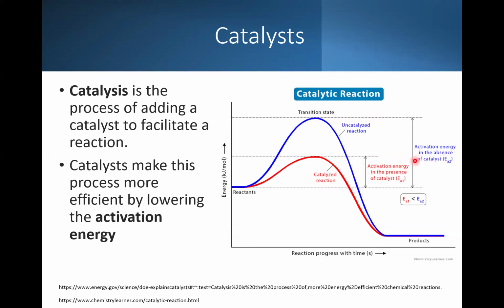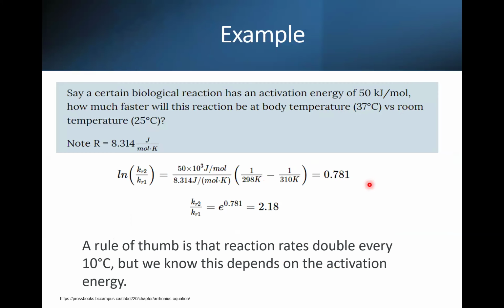You would expect more energy to be needed for this reaction to occur without a catalyst. But if you add the catalyst, a smaller amount of activation energy is needed. So Ea1 is less than Ea2, which means that the activation energy needed is less in the presence of a catalyst, and you have a faster reaction. Again, this can be enzymes or chemical catalysts.